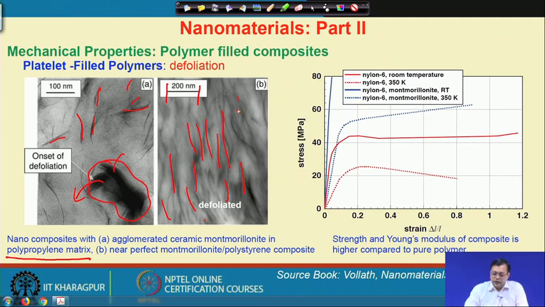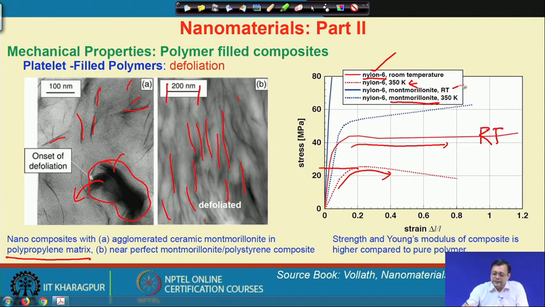Now, we can also take an example where we have a nylon 6 matrix to which we have added some Montmorillonite, the same type of particle. A typical nylon at room temperature will give you a stress strain plot like this. However, if we increase the temperature a little bit to 350 K, then it will give us a somewhat poorer property in terms of strength, because we have raised the test temperature.